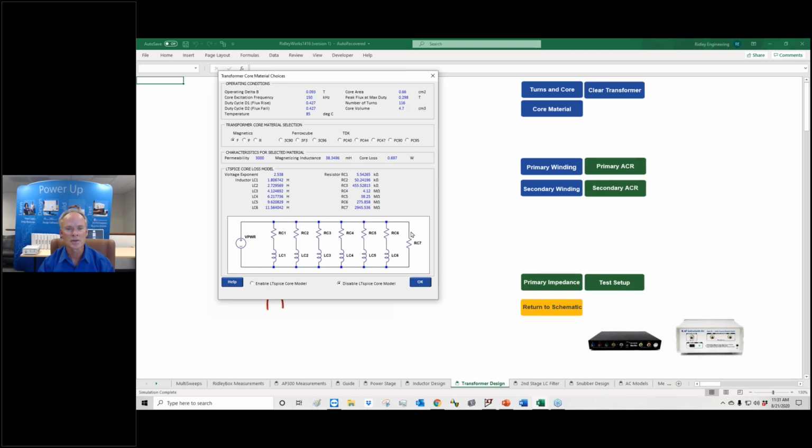Okay. So yes, it would be nice. We've had that in the software now for about 2-3 years, I think. You get unusual values in here. Notice these inductors are 1.8 henries, 11.5 henries, and 2.9 gigohm. These ones are coming in really high values because this is a high voltage input.